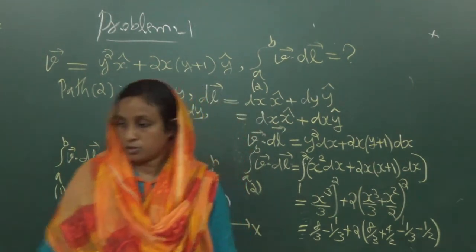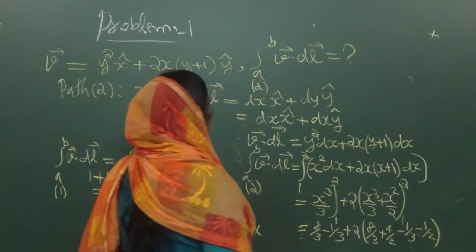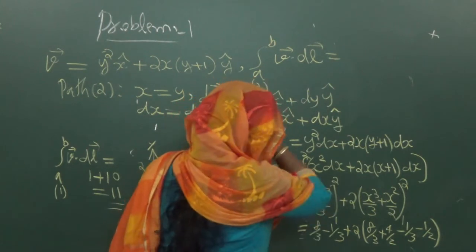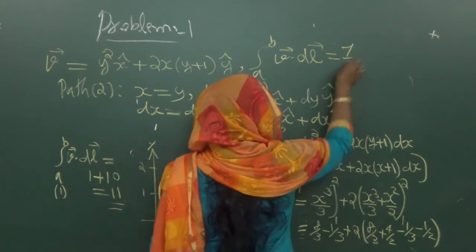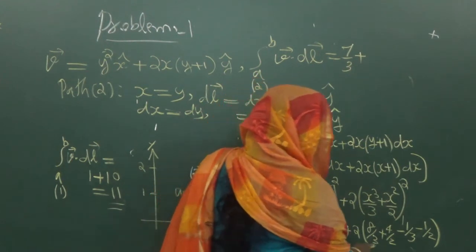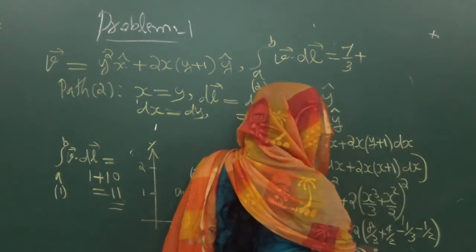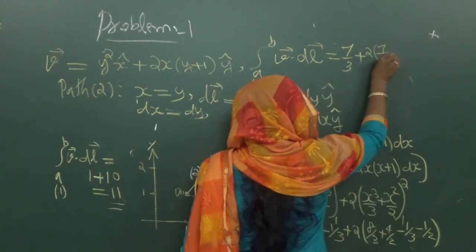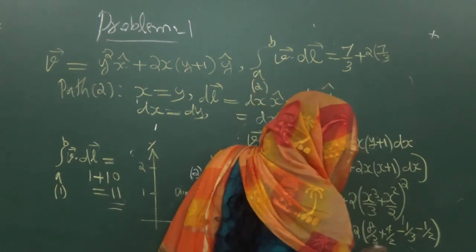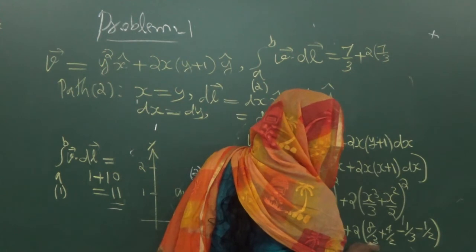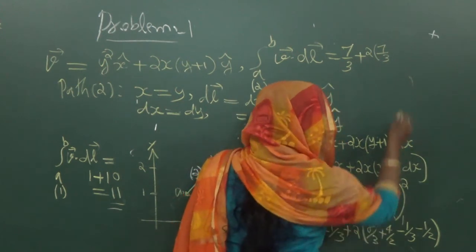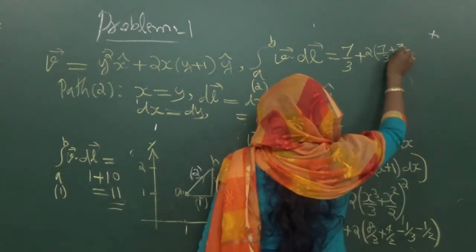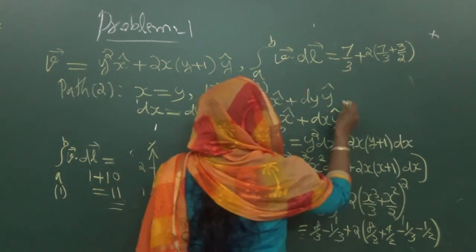You get 7 by 3 plus 2 into (8 by 3 minus 1 by 3, that is 7 by 3, plus 2 minus 1 by 2, that is 3 by 2).